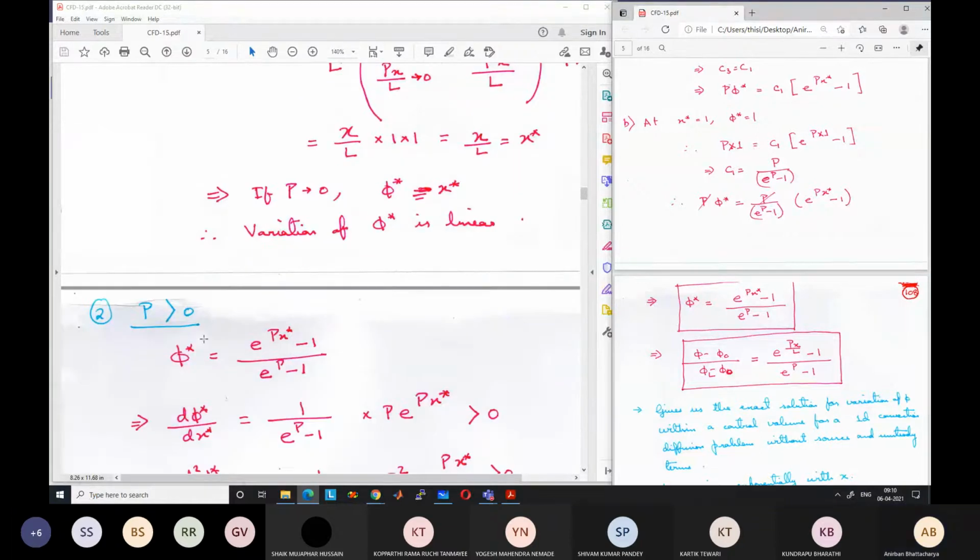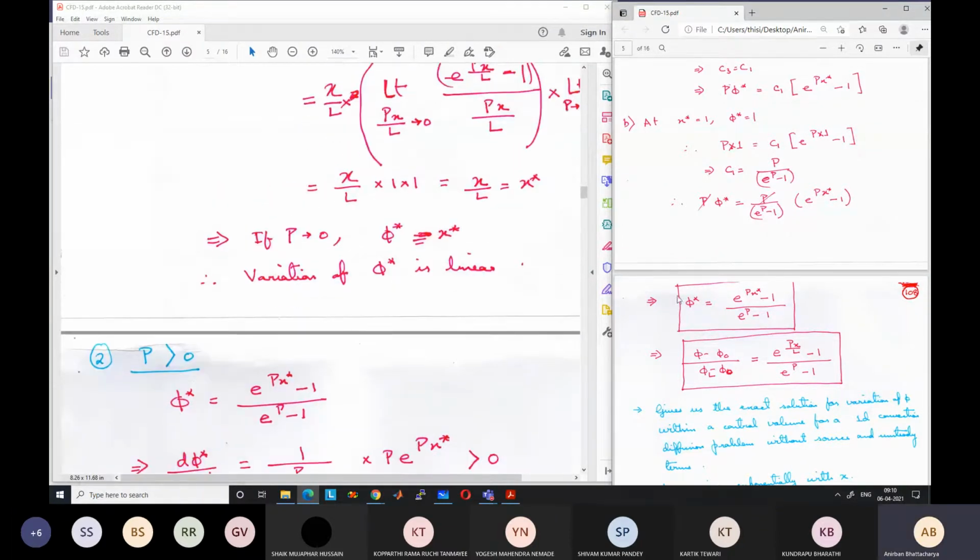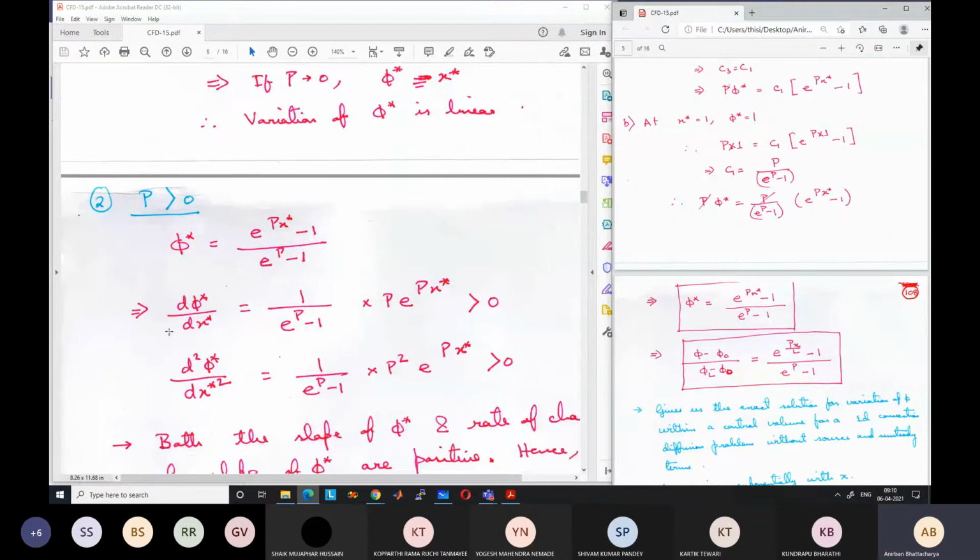So this is the expression of phi star: phi star is equal to e to the power p x star minus 1 by e to the power p minus 1. If I take a derivative with respect to x star, you can take the denominator out because it's not a function of x. So 1 by e to the power p minus 1, and the derivative of the numerator is p into e to the power p x star.